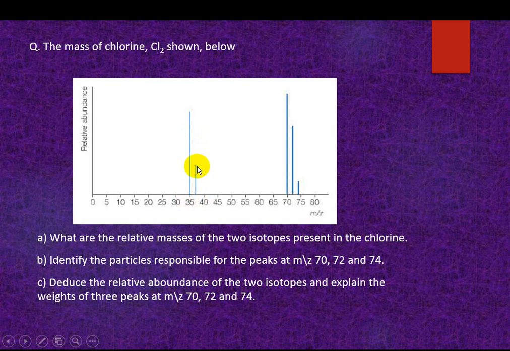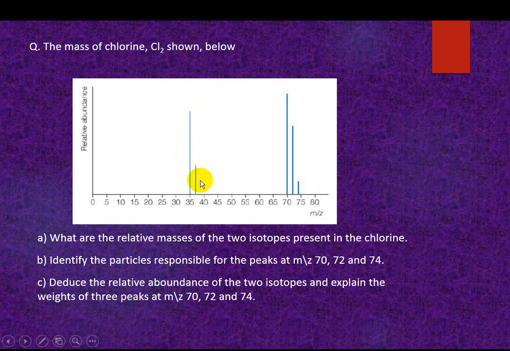Are you watching this picture? 37 is 1, and this is how many parts? 3 times higher. So the ratio is 3 to 1.